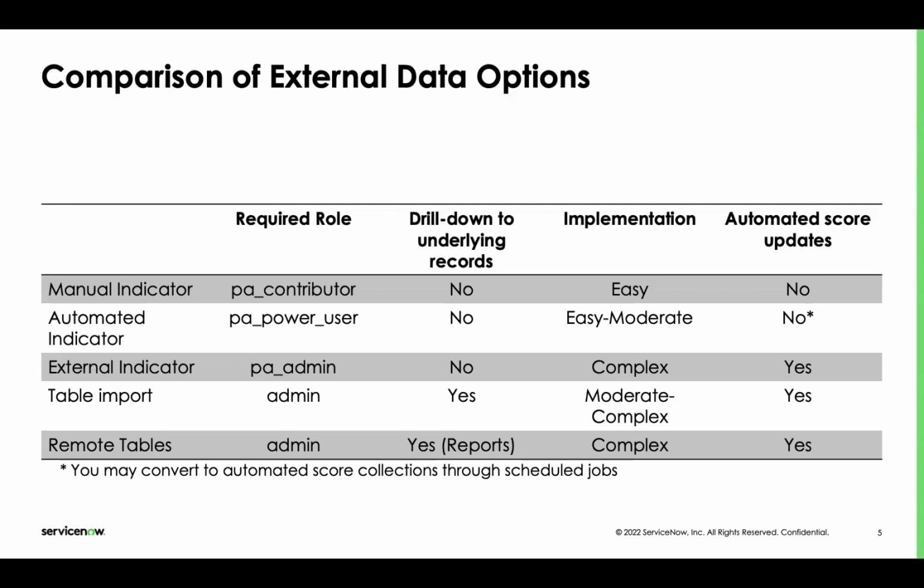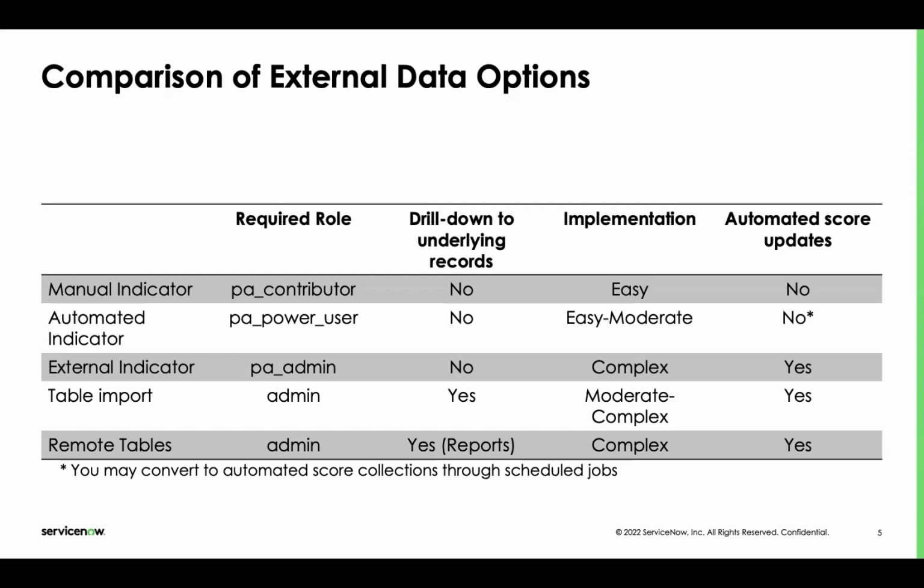All it requires is a PA contributor role, which the PA power user and PA admin have automatically. One of the questions is, can we drill down to underlying records? What is the level of difficulty or time investment in the implementation, and are there automated score updates?